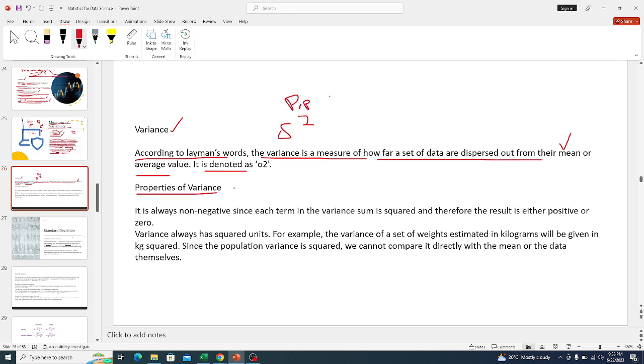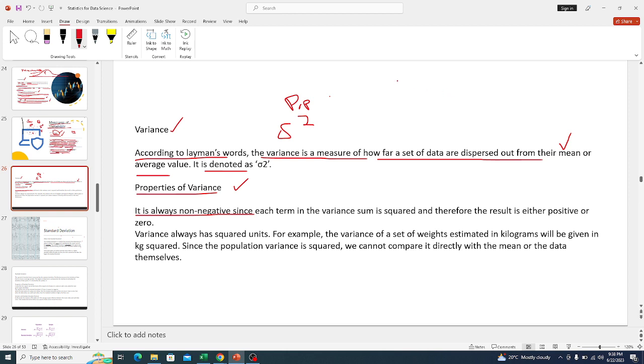So for the properties of variance, it is always non-negative. Why? Because we usually square the difference of each value from its mean.